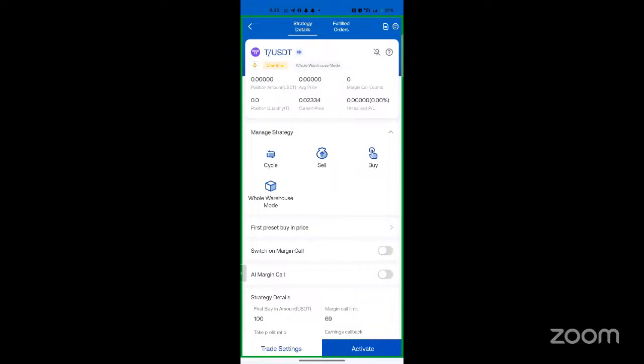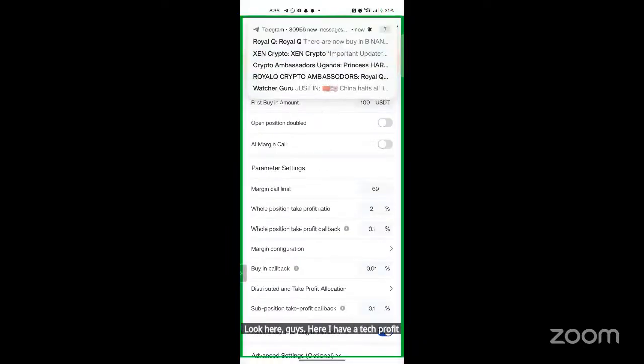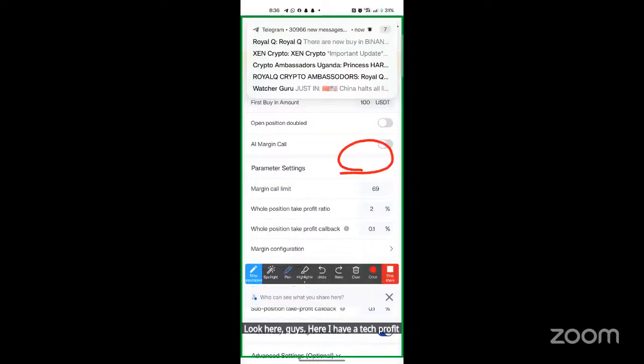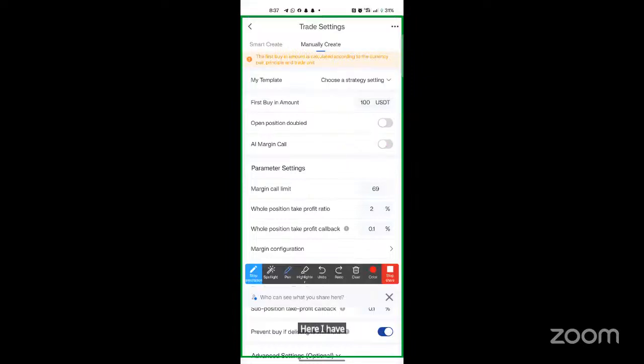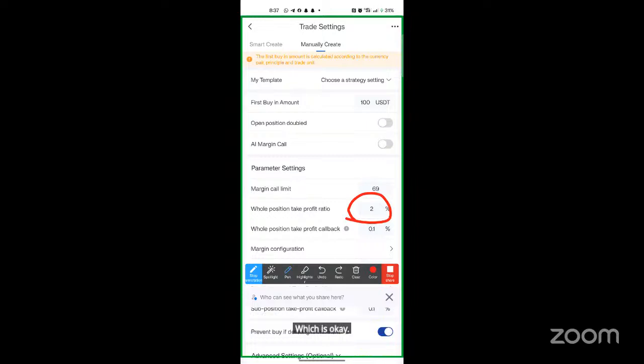Let me activate this coin again. Now, two things are happening. Look here, guys. Here I have a take profit of 2%, which is okay. But the robot will follow.